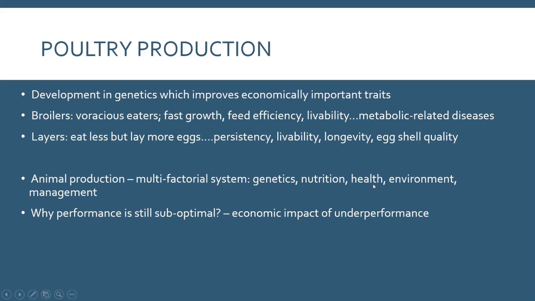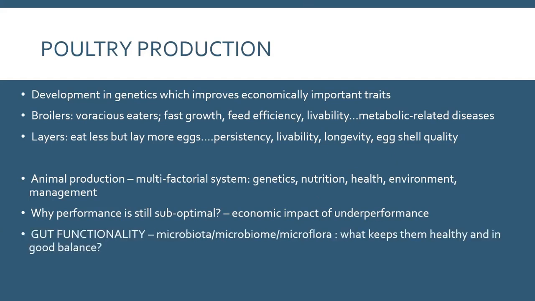And we can see that when we see if our business is still profitable or not, and there's this economic impact of underperformance. So that is why a lot of research and a lot of technologies are driven towards improving gut functionality, because as the previous speaker has mentioned, there's still a lot of things that we don't know about the gut.